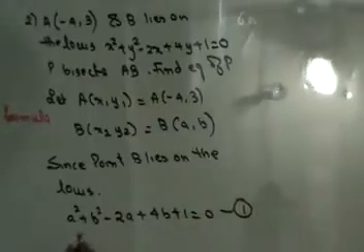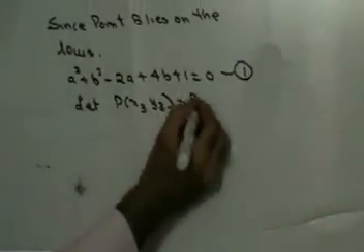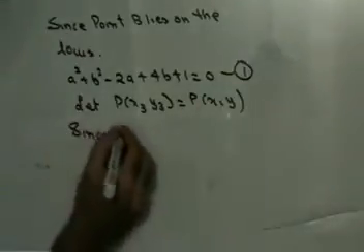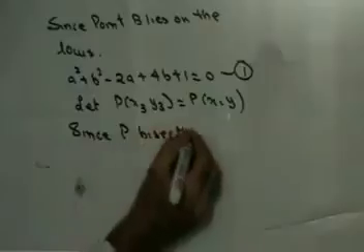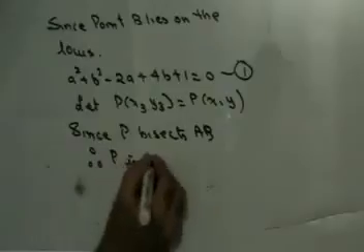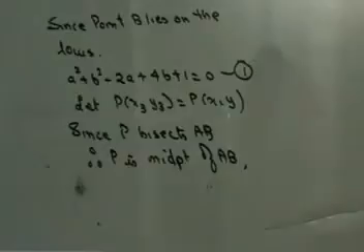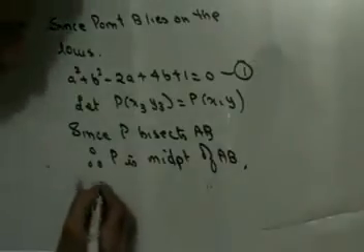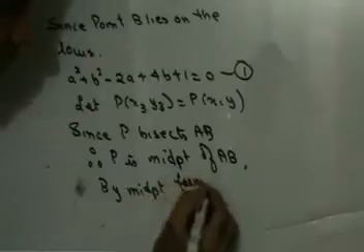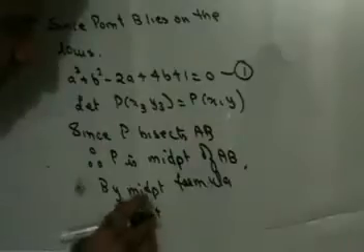Right? Let P x3 y3 be equal to P x comma y. Now since P bisects AB, therefore I can say that P is midpoint of AB. If P is the midpoint of AB, I can use midpoint formula. By midpoint formula, x3 is equal to x1 plus x2 upon 2.